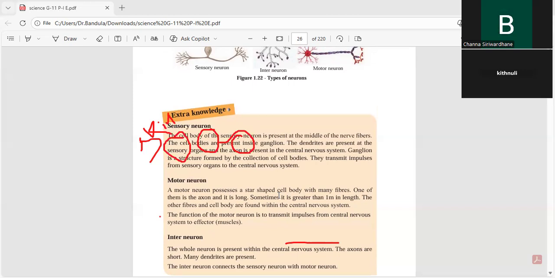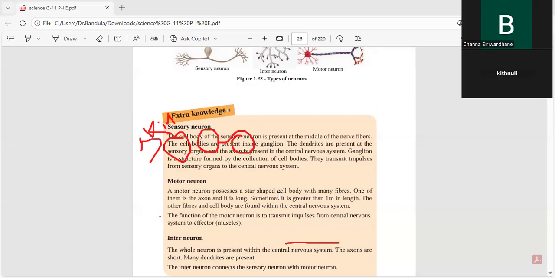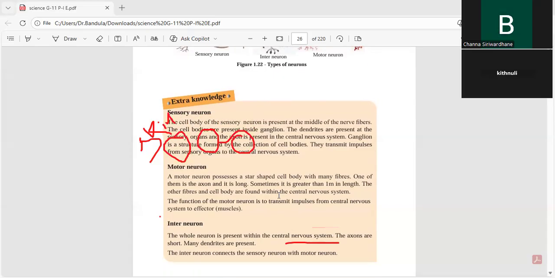It goes from the spinal cord to the muscle tissue. This axon goes all the way to the muscle. Right? Here are the nerves.